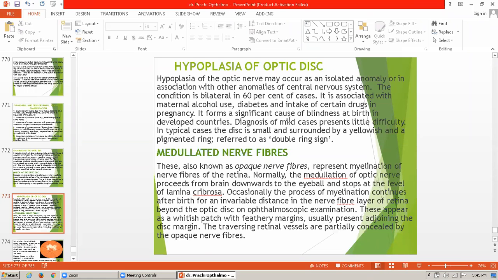It forms a significant cause of blindness at birth in developed countries, and diagnosis of mild cases presents a little difficulty. In typical cases, the optic disc is small and surrounded by a yellowish and pigmented ring, which is referred to as the double ring sign.